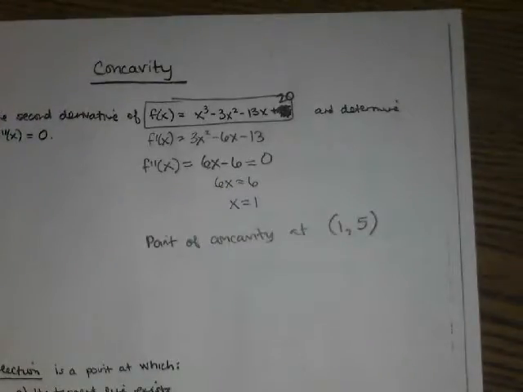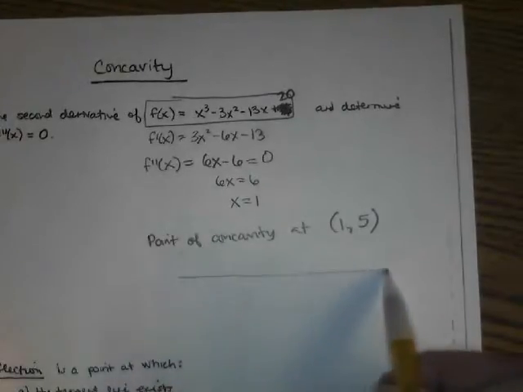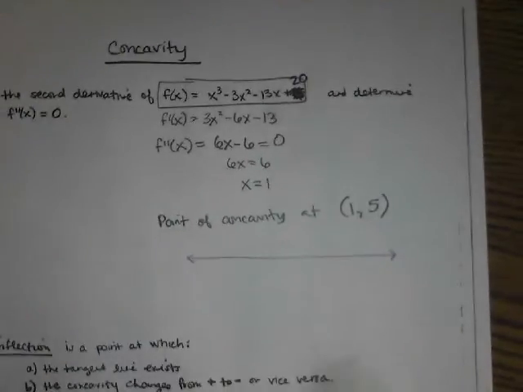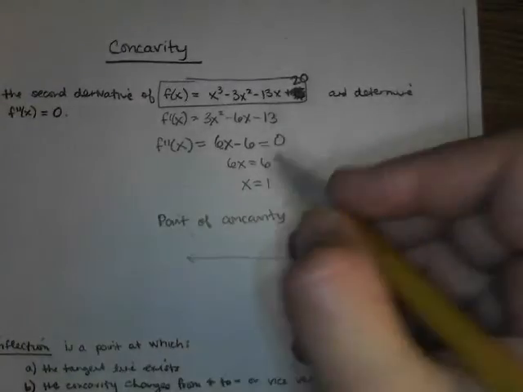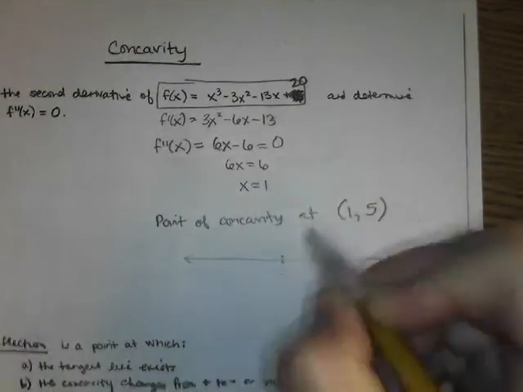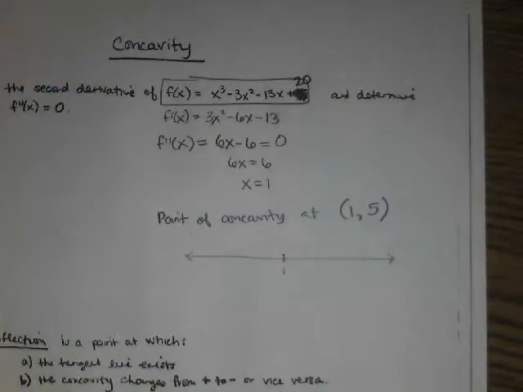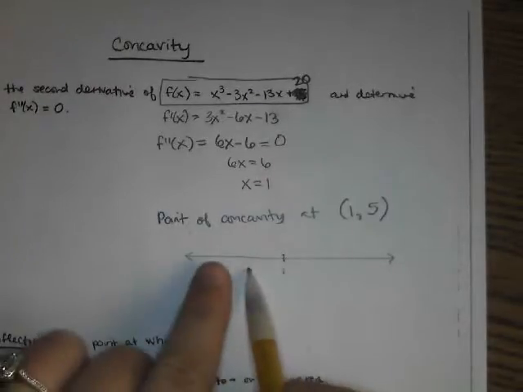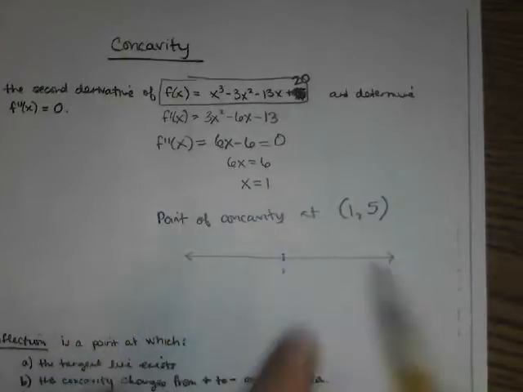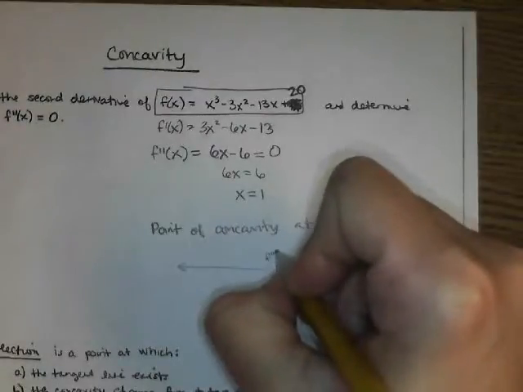Now, I'm going to set up a number line. I'm going ahead a little bit, but as long as we're sticking with this example, I want to give you what's going on here, okay? If I use that interval concept again, and I test numbers to the left of that cutoff and to the right of that cutoff, remember this is where the second derivative equals 0.